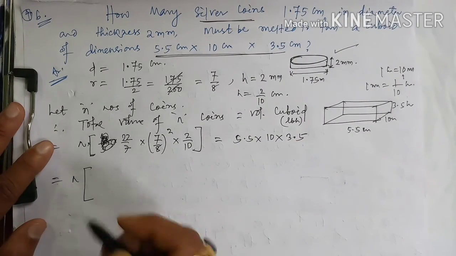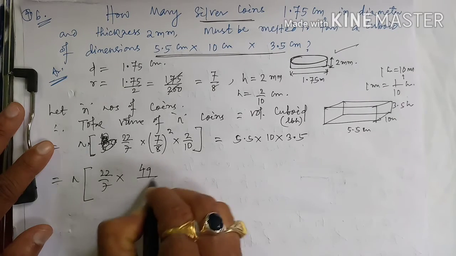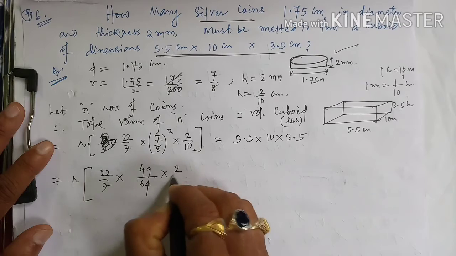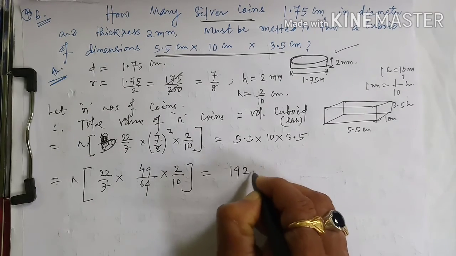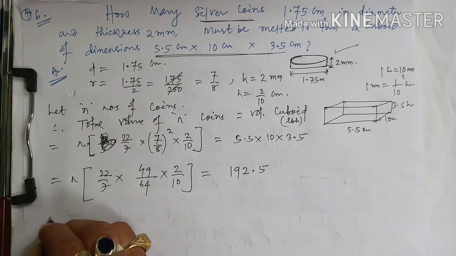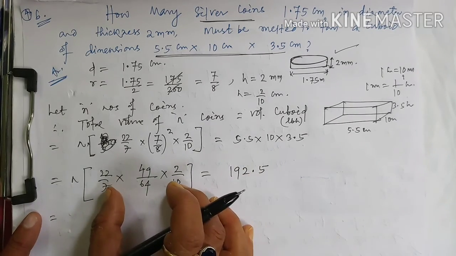So here we can write 22 by 7 into (7 by 8) square into 2 by 10 into n equal to 5.5 into 10 into 3.5, which is equal to 192.5. Now the number of coins can be found by dividing 192.5 by this expression.